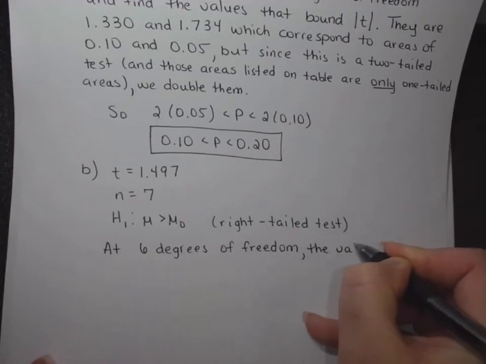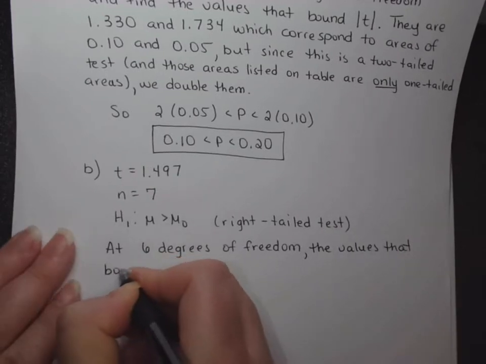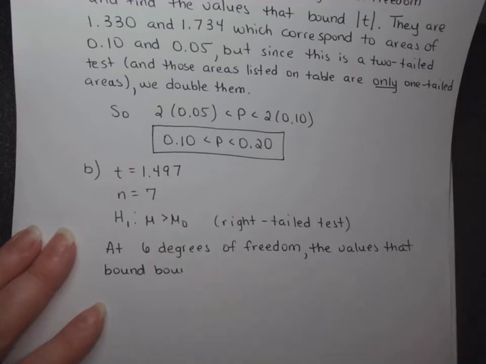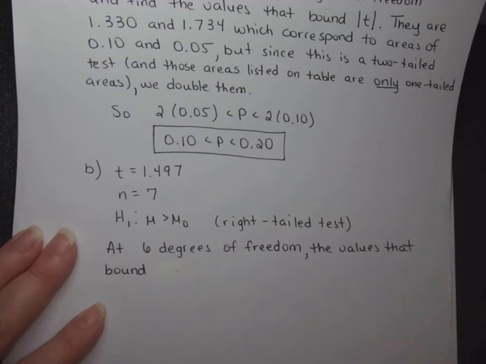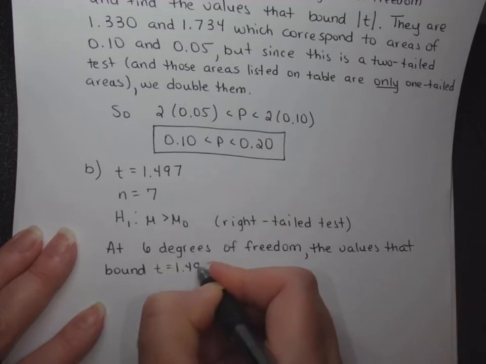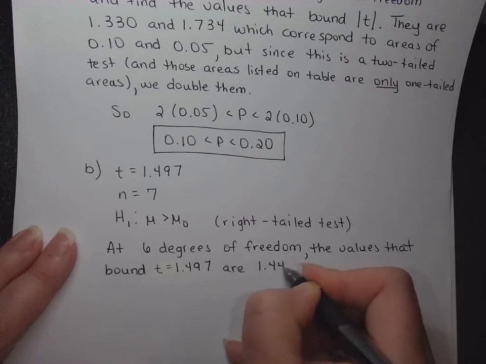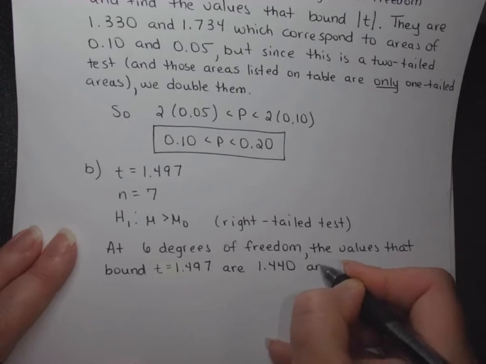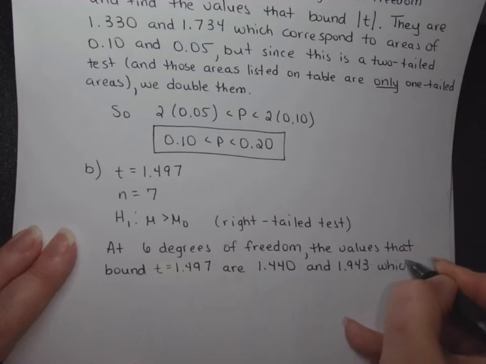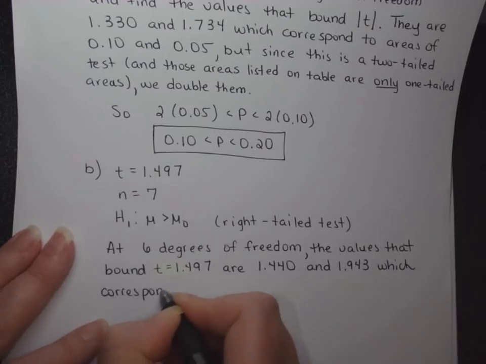So if you paused that and figured that out, the values that bound our T value, which was 1.497, the values to the left and right of it are 1.440 and 1.943, which actually correspond to the same areas that we got in the previous one.